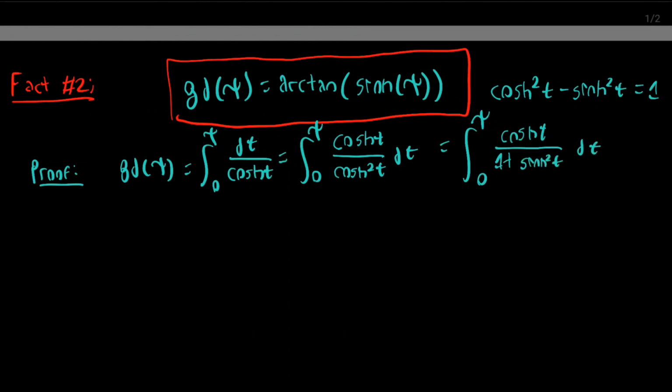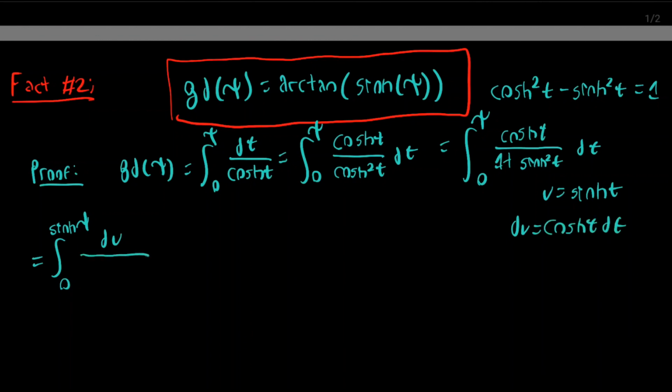And now by performing a substitution, namely u is equal to hyperbolic sine of t, we're going to get the following integral. The integral from, well, the hyperbolic sine of 0 is 0, the hyperbolic sine of psi is sinh psi, and here, the derivative of sinh t is cosh t, so du is cosh t dt, and so we're just going to get du over 1 plus u squared.